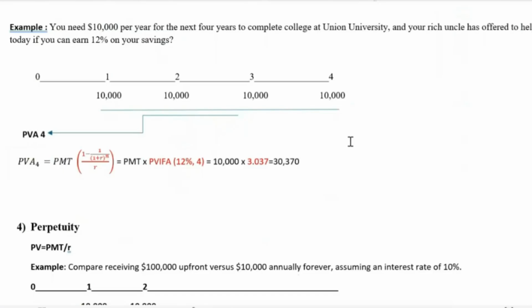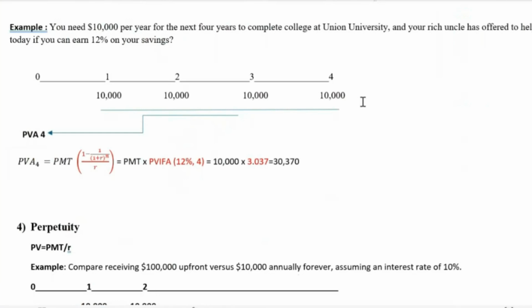Beyond the scholarship and financial aid, he still needs an additional $10,000 every year. This bill needs to be paid, $10,000 at the end of the year for the next 4 years.